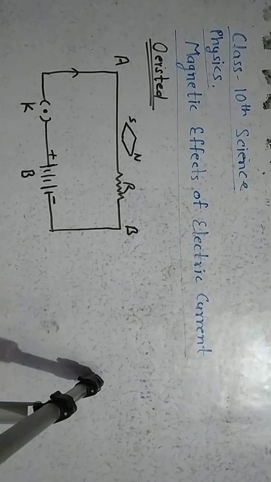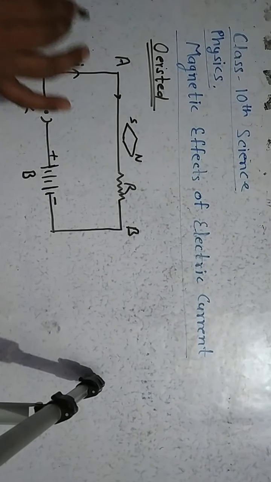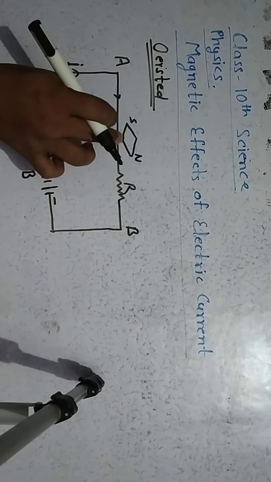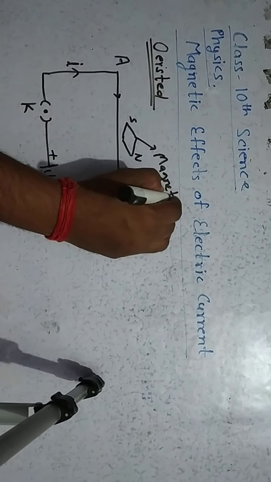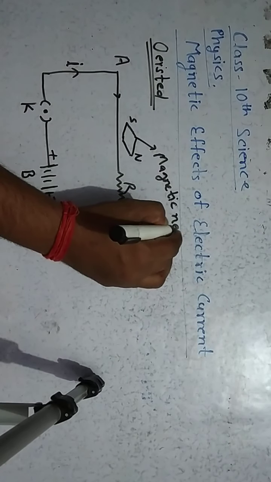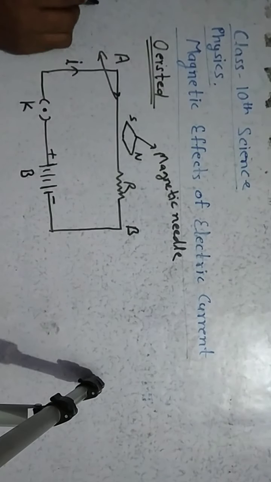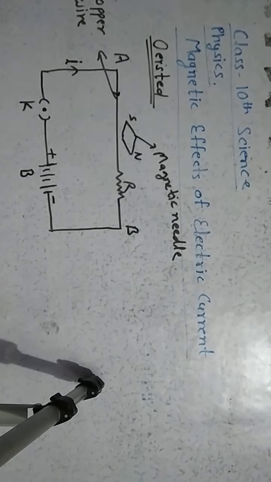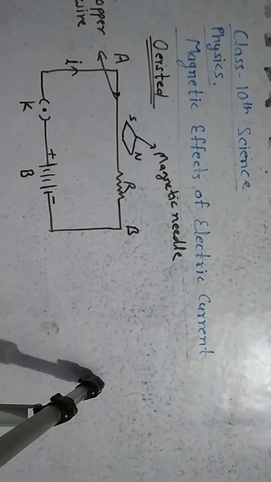Then when the current passes through the wire, that is our copper wire, the magnetic needle is deflected. It means it shows the deflection.